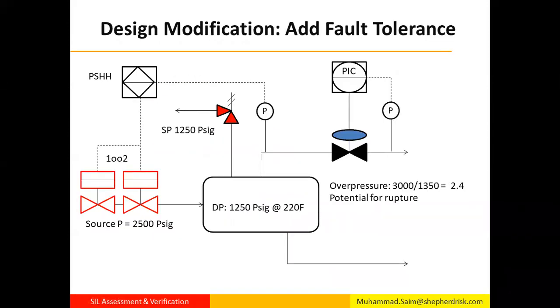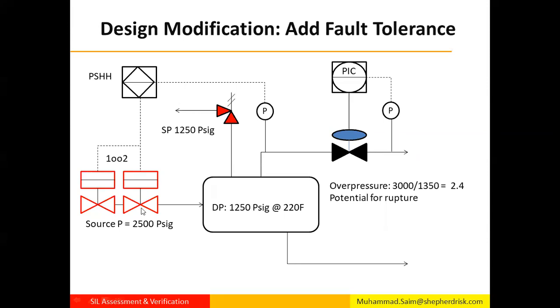So we modify the design and we go back to P&ID and we modify the P&ID by adding a second ESD valve in series with the first one. And we arrange the 2 ESD valves in 1 out of 2 logic so that in case of high pressure is detected, the logic solver PSHH gives signal to both the ESD valves to shut down. And even if one of them has failed dangerously, is not shutting down, the other is available to shut down and isolate the vessel and cut off the source pressure.